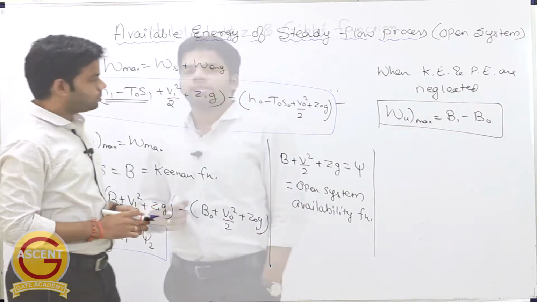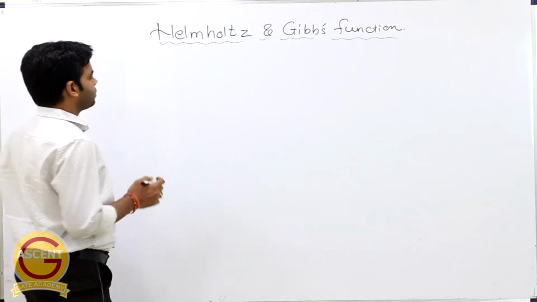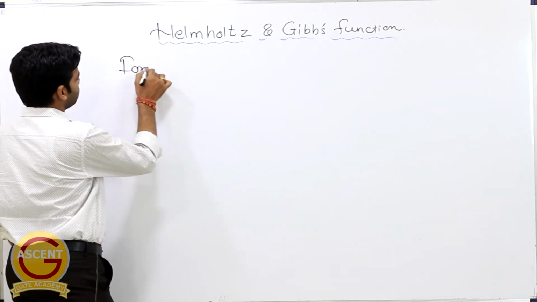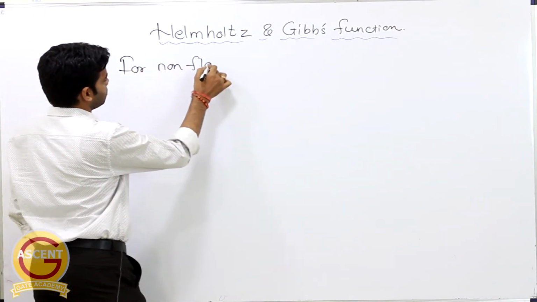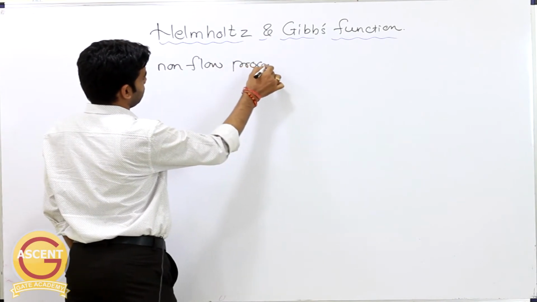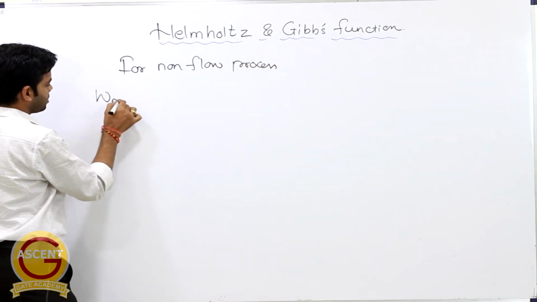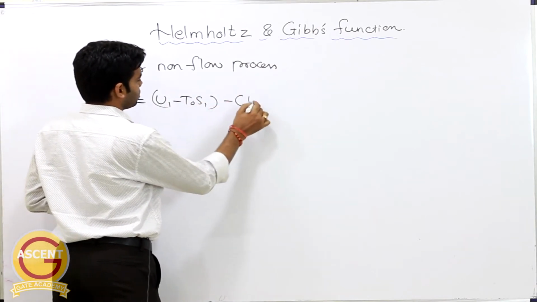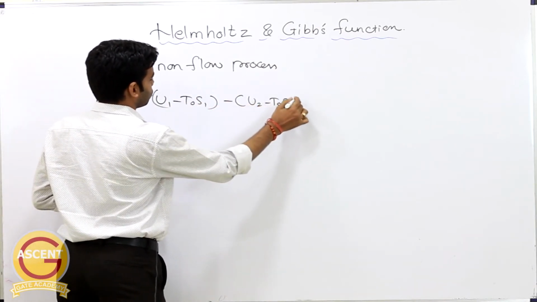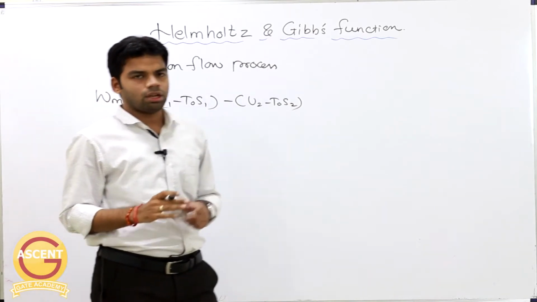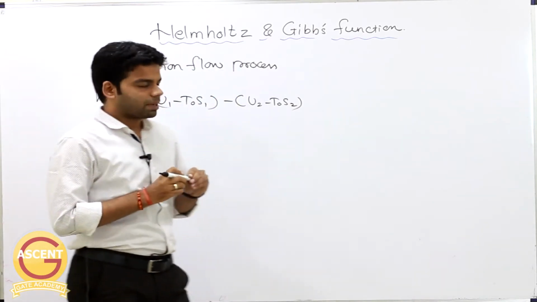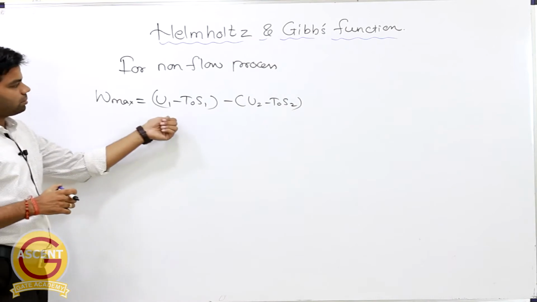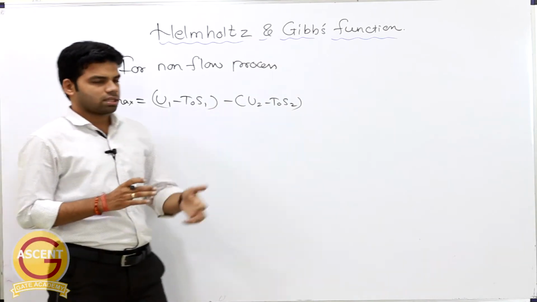Clear or not? Okay. Next is the Helmholtz and Gibbs function. Now we know for a non-flow process, the maximum work we have derived as U1 minus T naught S1 minus U2 minus T naught S2. If the system is changing its state from state 1 to state 2, the maximum work which can be obtained is U1 minus T naught S1 minus U2 minus T naught S2.